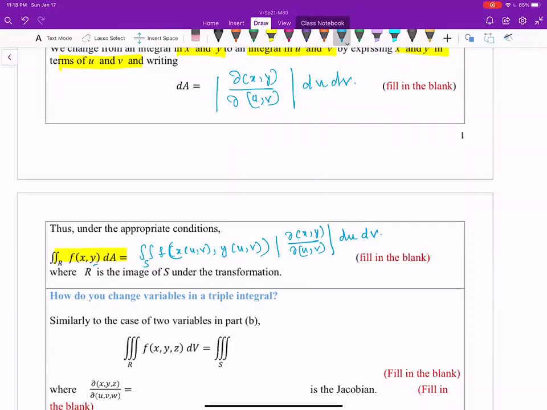Here, R is the image of S under the transformation.